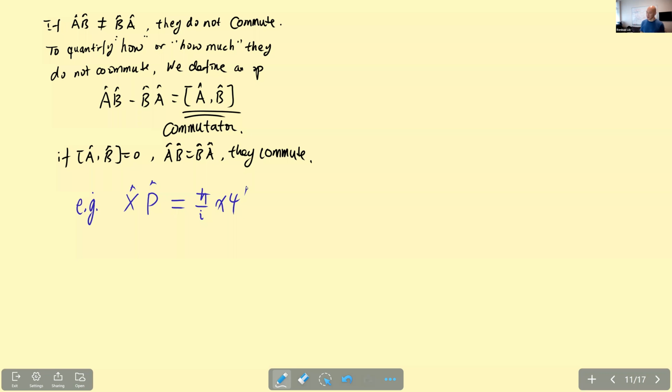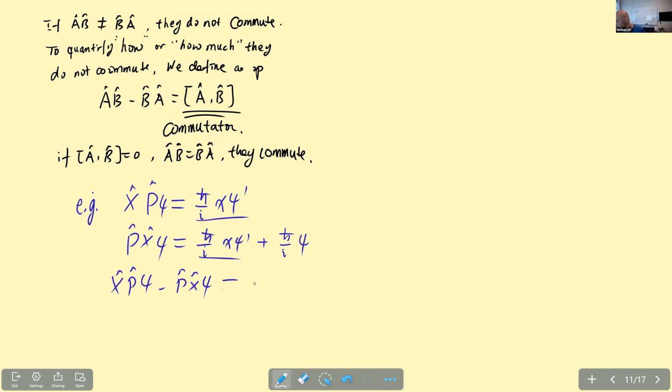And then we have for PX, they have this term, but it also has an extra term. So that means if we have XP per se minus PX per se, so these two terms will be cancelled.